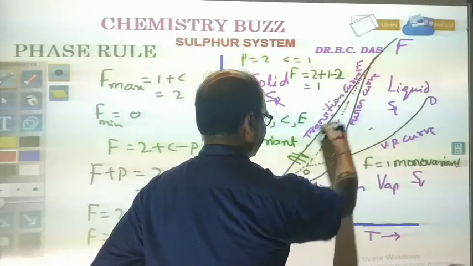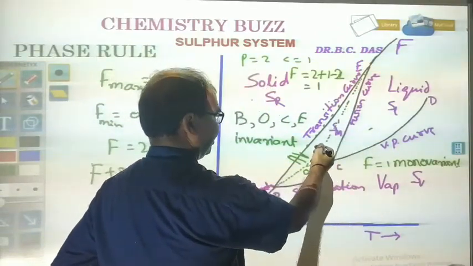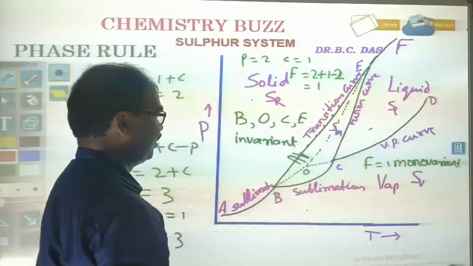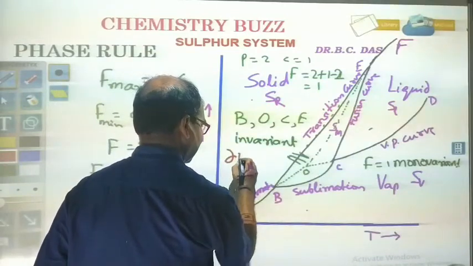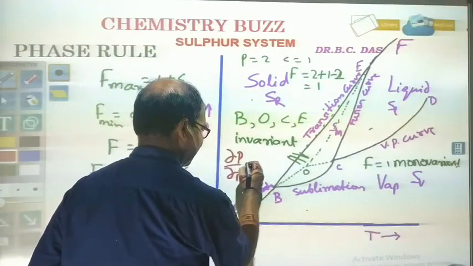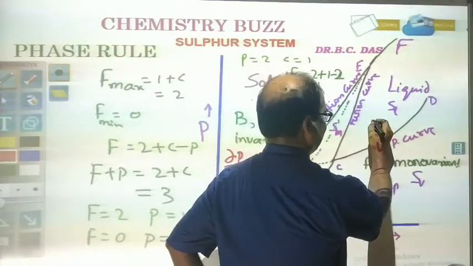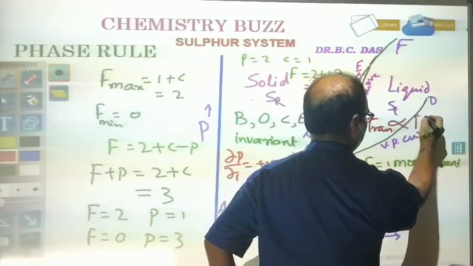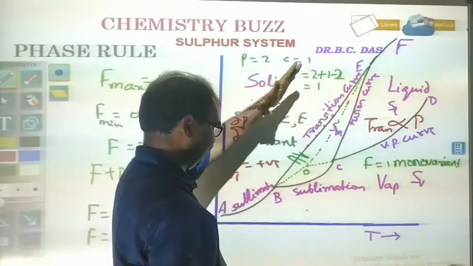So this is the transition temperature, and if you see the chords, all the chords or lines have positive slope. So your dP by dT is positive. So this shows that the transition temperature T transition is proportional to pressure. So if we increase the pressure, the transition temperature will increase.